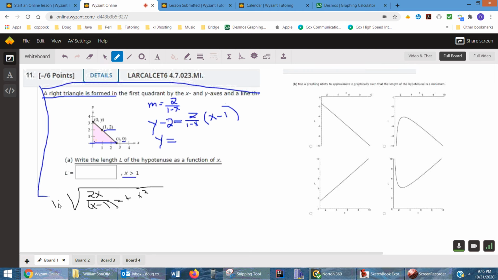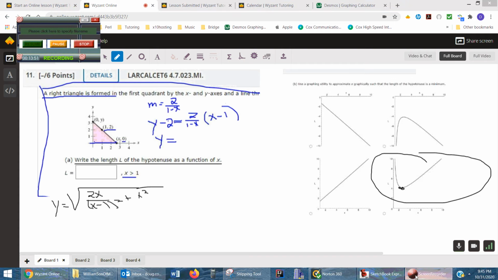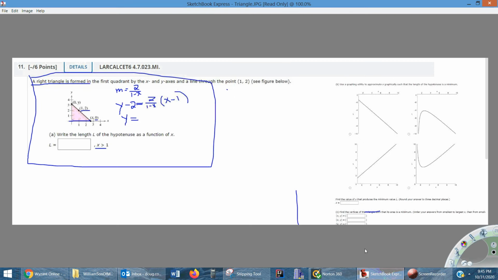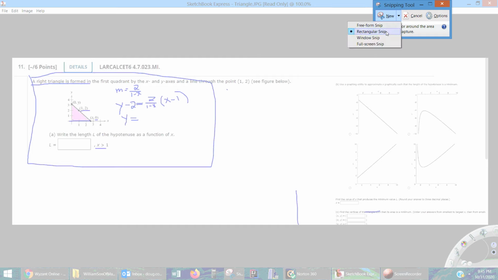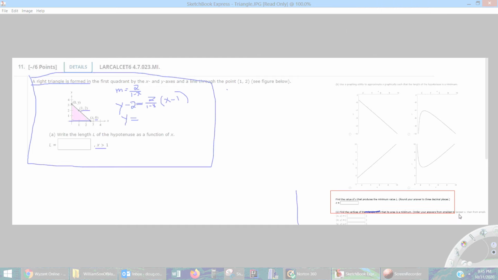Y equals this. And this is the picture you're going to get right here. And at that minimum value, or the x value that creates that relative minimum, you will get the minimum length of the hypotenuse. And for this problem right here, round your answer to 3 decimal places.